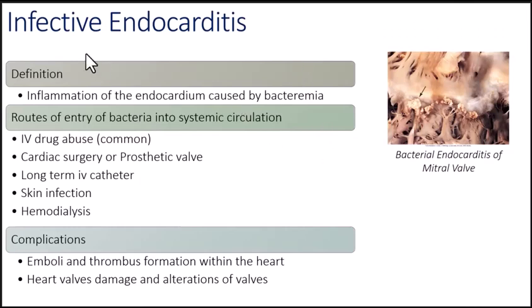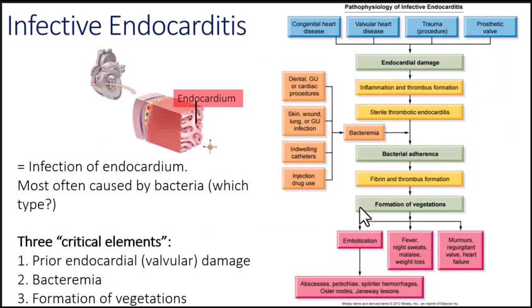So I've talked about much of this already, with infective endocarditis being inflammation of the endocardium, that endothelial layer on the inner part of the heart, and most commonly caused by a bacteria that's in the blood. Now, how does the bacteria get into the system? Now, I gave you an example of a dental procedure before, but there are so many different causes.